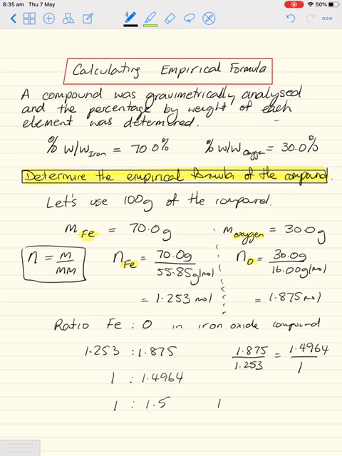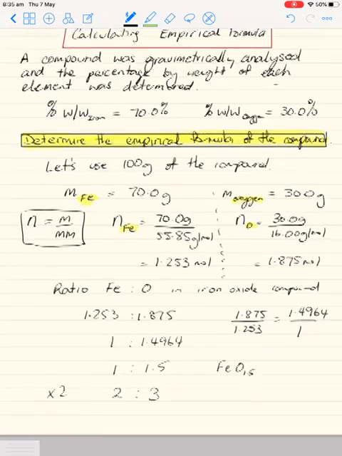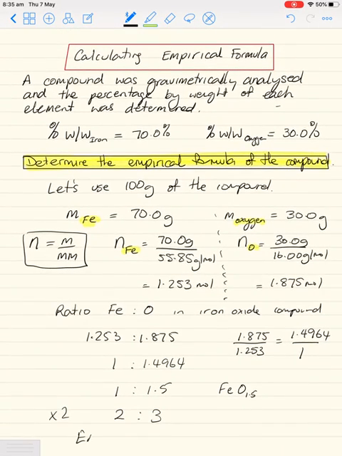Now you cannot have iron 1.5 oxygen. You can't have that. So we're going to have to multiply by 2, and that's going to be 2 to 3. And so our empirical formula is Fe2O3. And there is our answer.